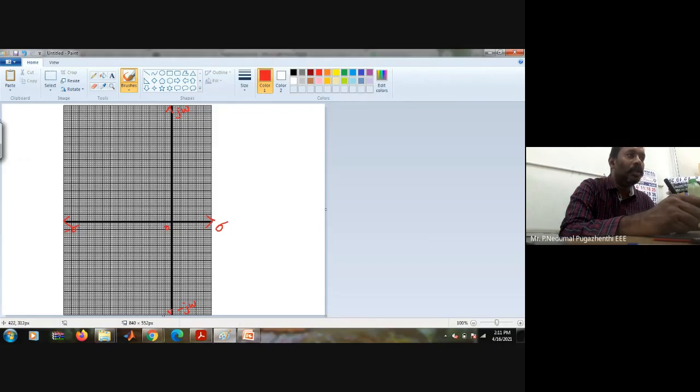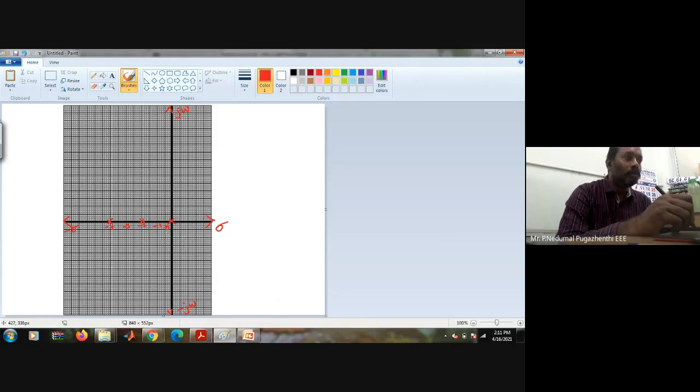This is 0, this is -1, this is -2, this is -3, and this is -4. So at -4 you have a pole, at -2 you have a pole, and at 0 you have a pole.